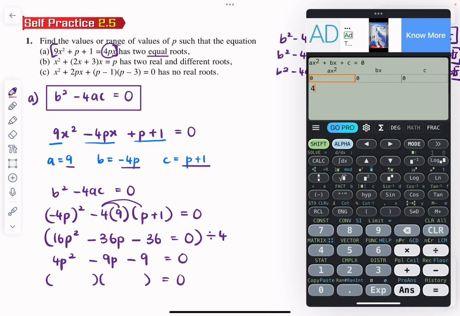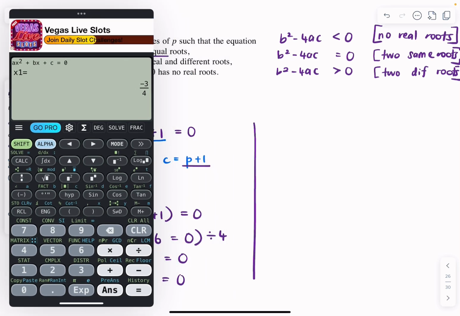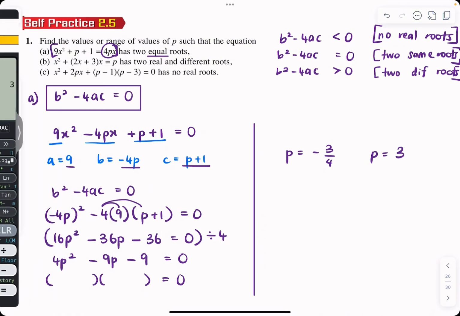Okay, 4, negative 9, we get p equals to negative 3 over 4. The other one is p equals to 3.